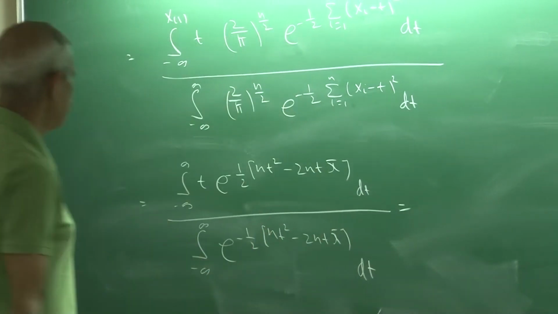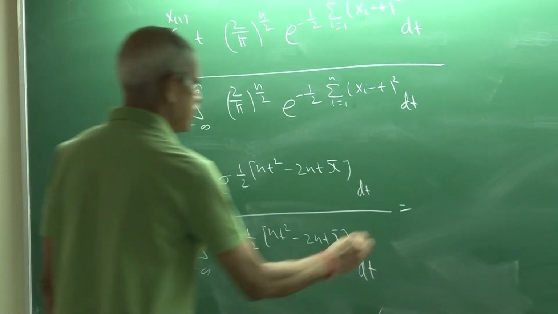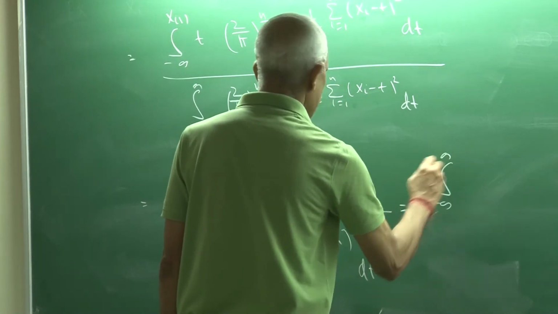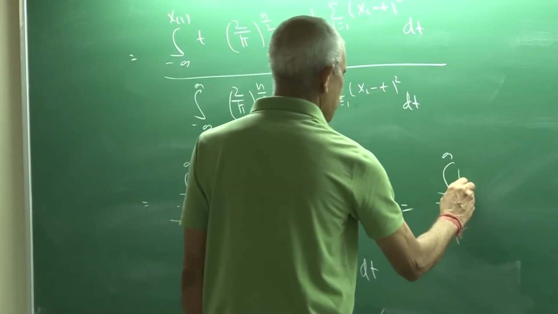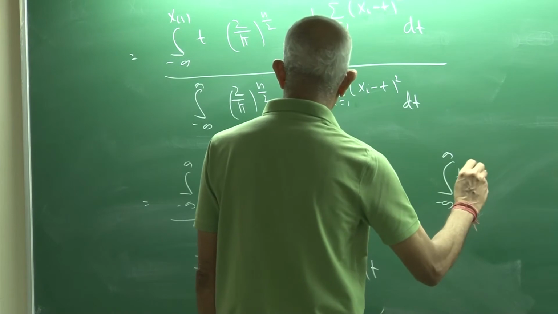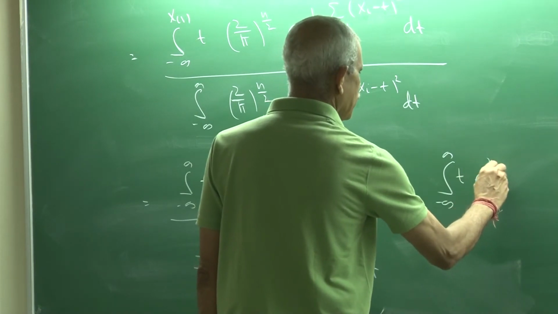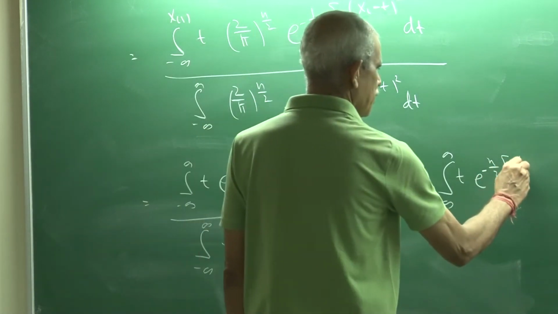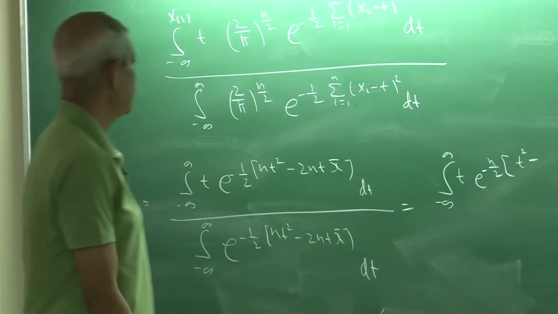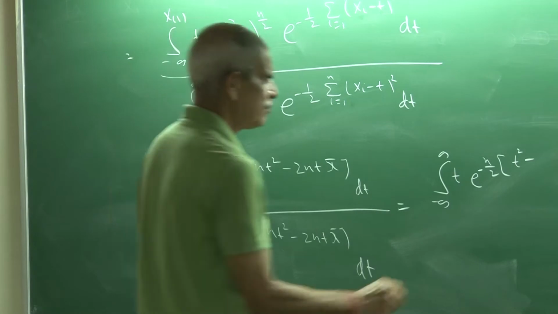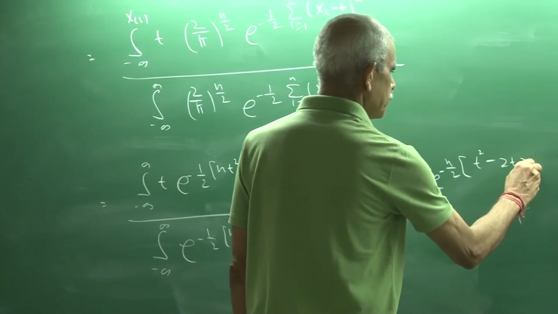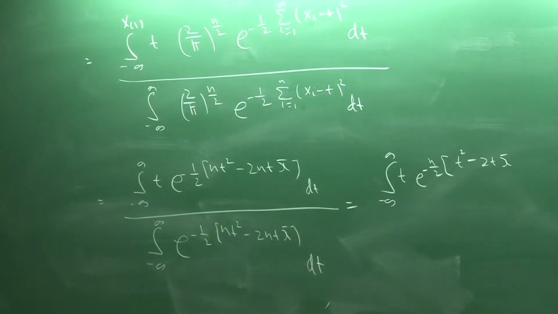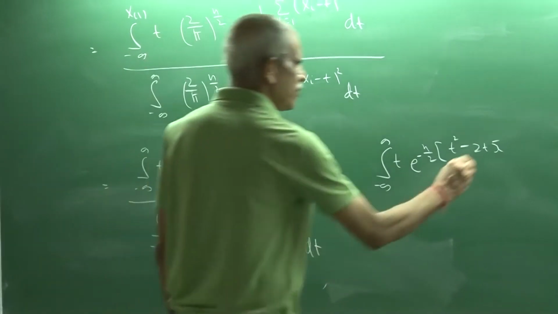I'm trying to make it a perfect square, so this becomes the integral from minus infinity to infinity of t e to power minus n by 2 times t square minus twice t x bar. Now what I can do is add x bar square over here.